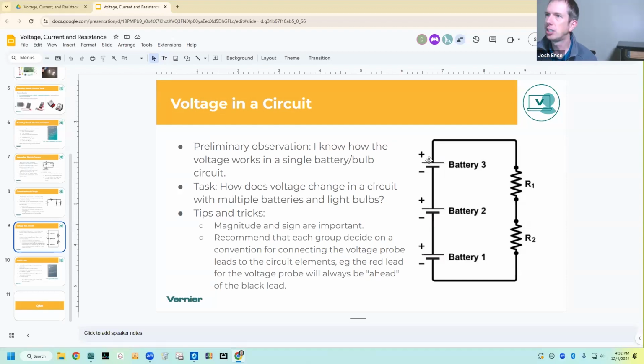If I'm measuring R1, my red lead would be ahead of the black lead, and when I move to R2, the red lead stays ahead of the black lead. That way your measurements follow the same convention, all your positives end up adding to all of your negatives, and it works out the way you expect it to.